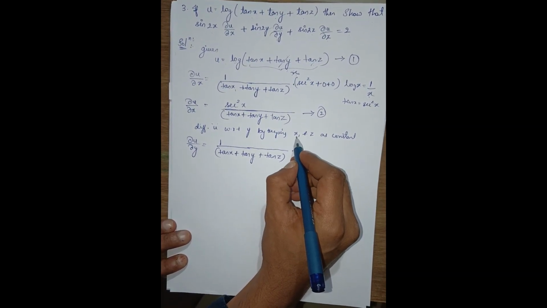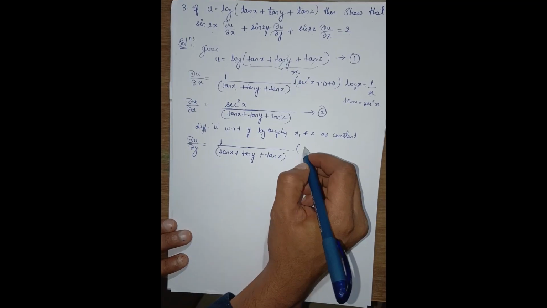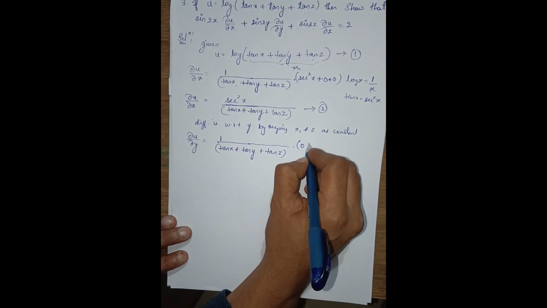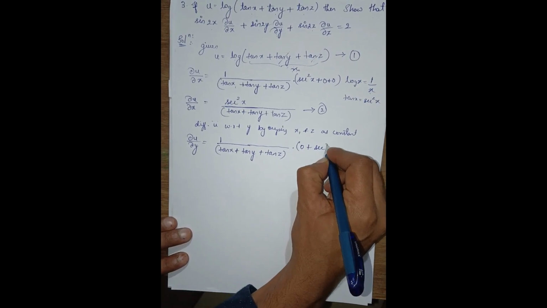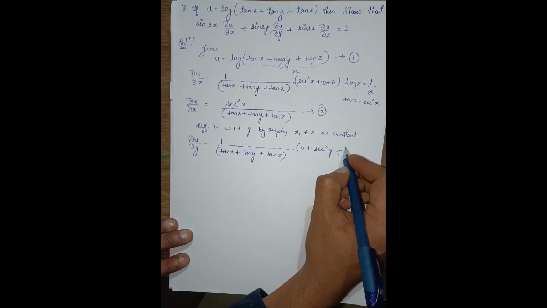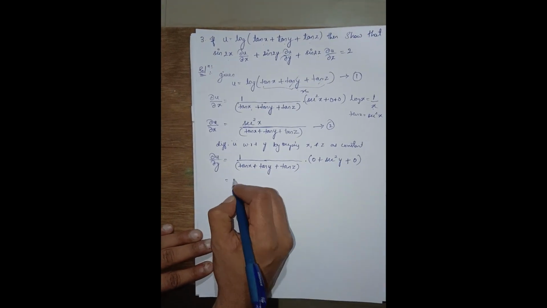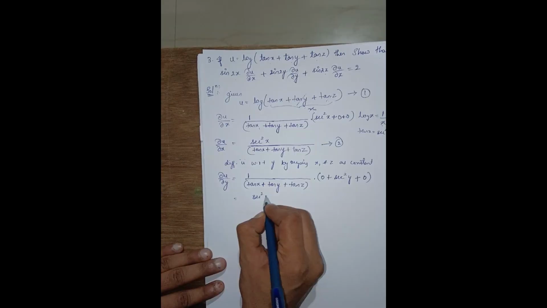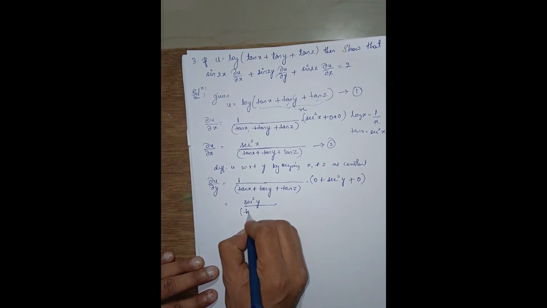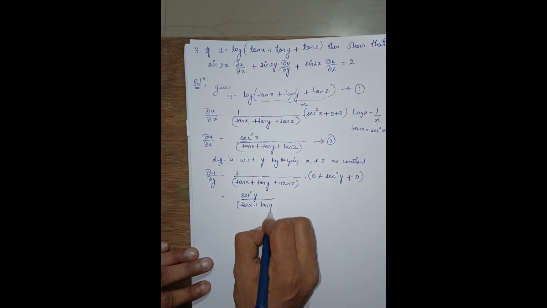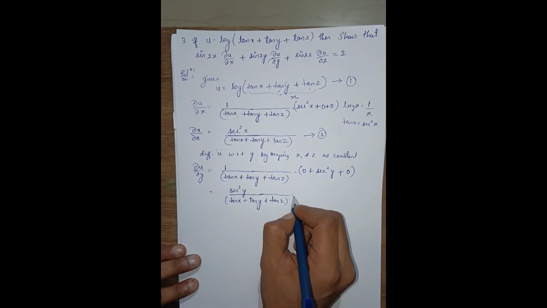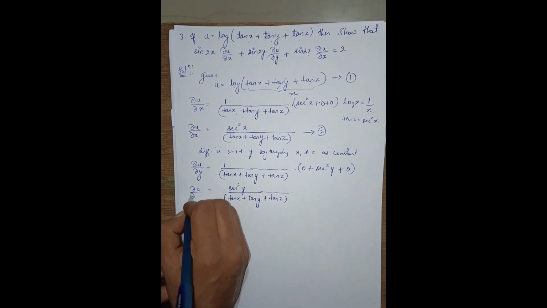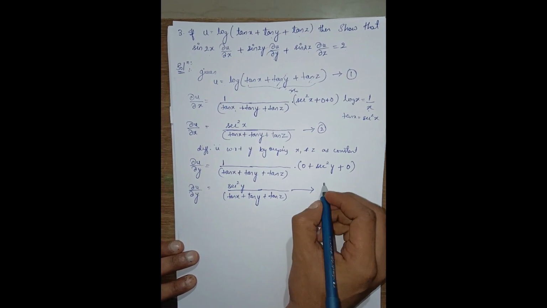Tan x is constant because we are differentiating with respect to y, so it is 0. Then tan y becomes secant square y, plus tan z gives 0. Now secant square y divided by tan x plus tan y plus tan z. You consider this as equation number 3.